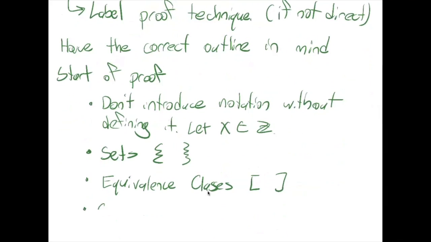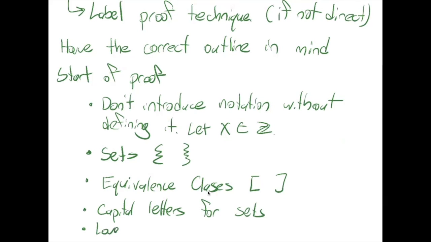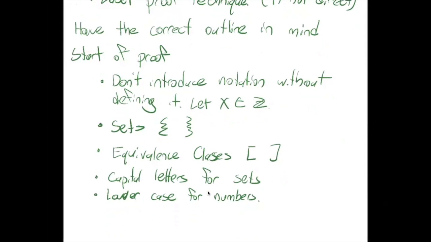We use capital letters for sets, and we typically use lowercase letters for elements of sets, unless those are sets themselves. When our elements are numbers, whatever that may be, we typically use lowercase. These little things actually help the readability of your proof quite a bit. So these are just some details to pay attention to.